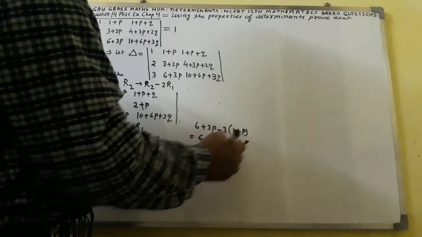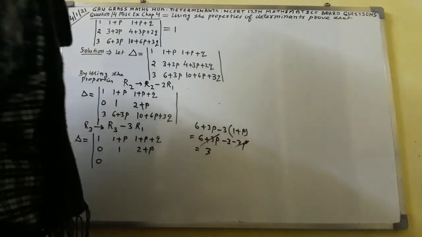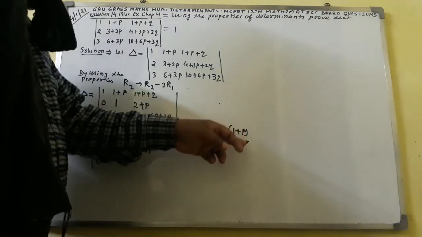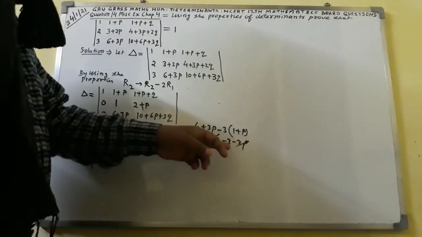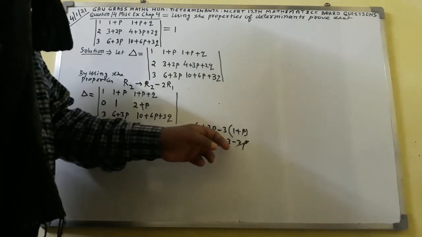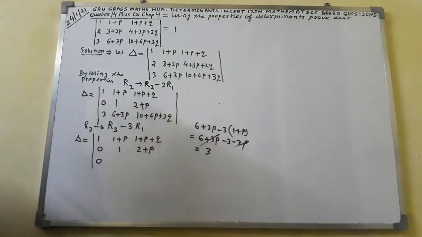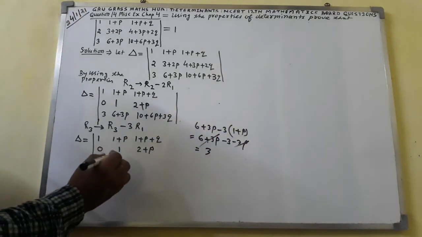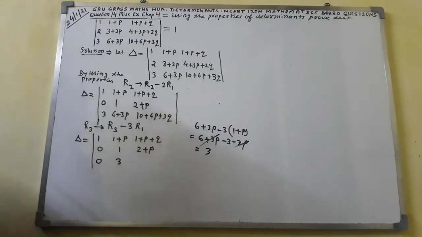So 3p minus 3p will cancel out. We will get here 6 minus 3 comes out to 3. So here I shall write 3.